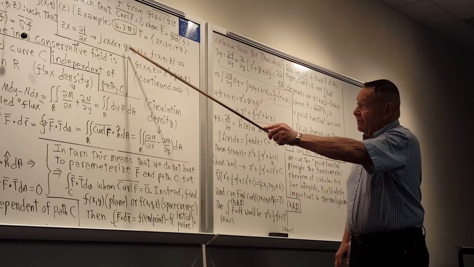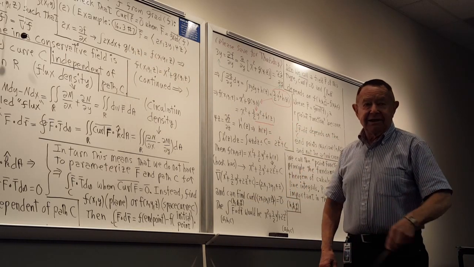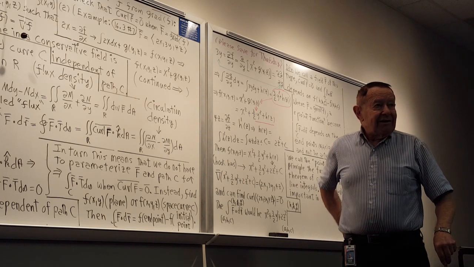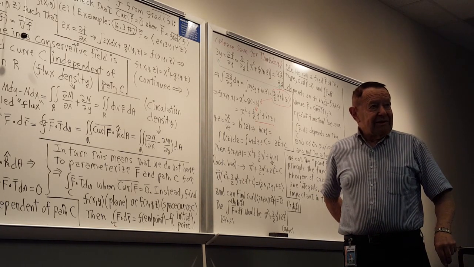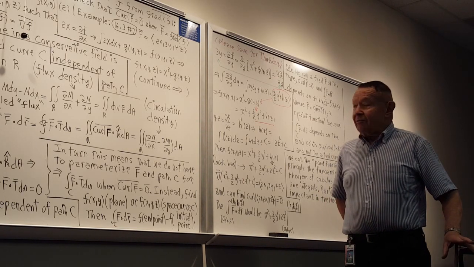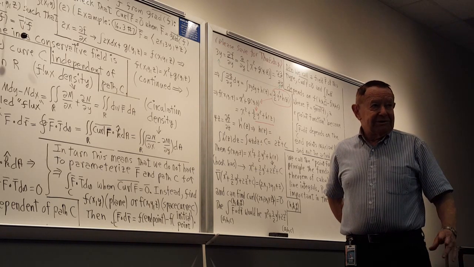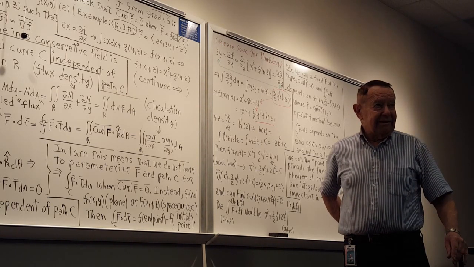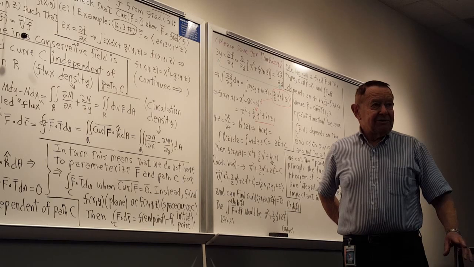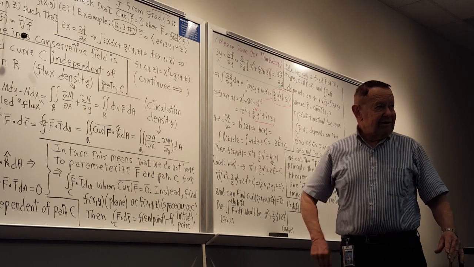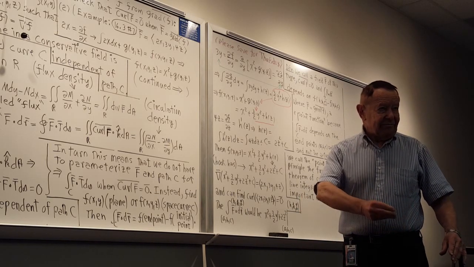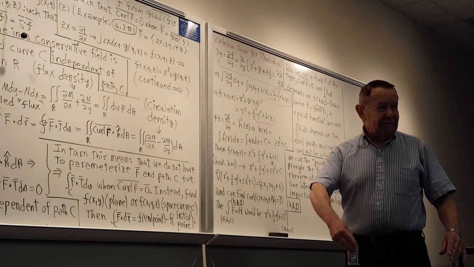So this little g of y and z could theoretically be just a constant, but it could also be sine y, cosine z, or something like that, because the partial with respect to x of, for example, sine of y cosine of z would be 0.